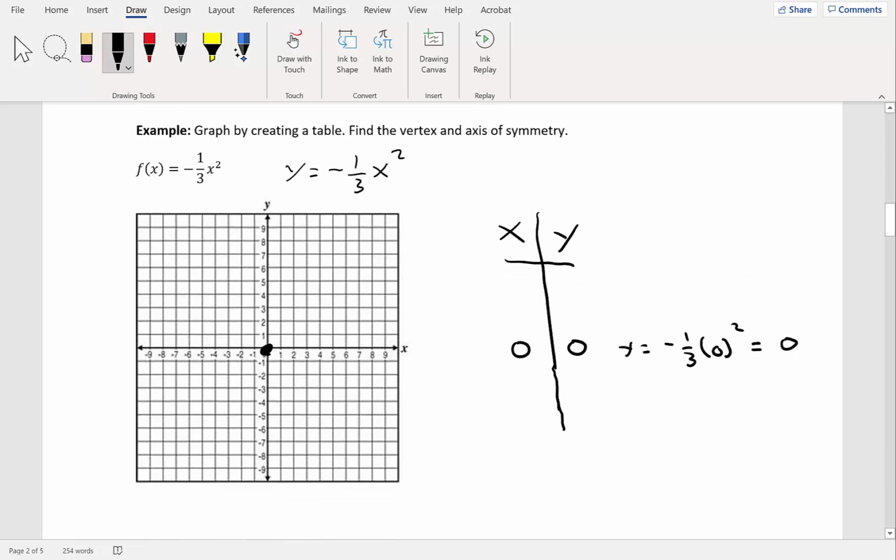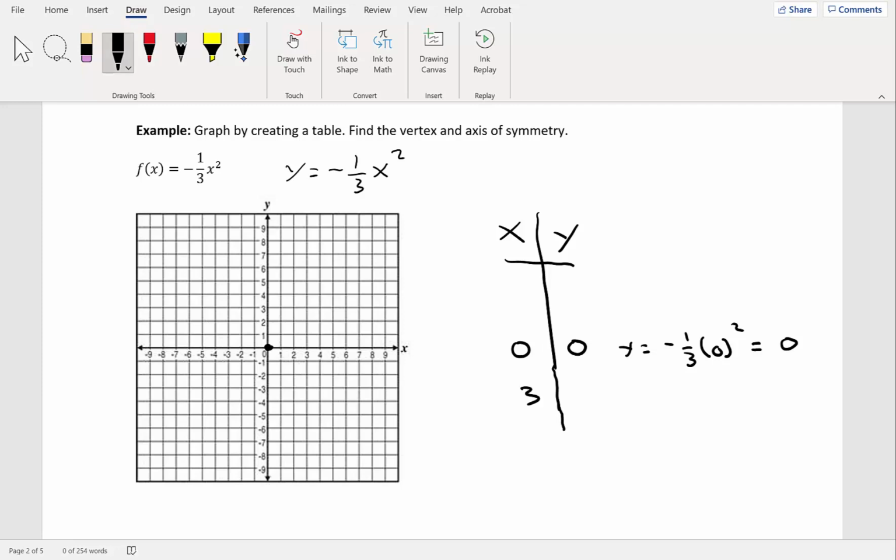Now, after you get the vertex out of the way, once you find the coordinates for the vertex, we can just plug in any other number for x. I don't want to choose 1 because I'm going to end up with a fraction. How about if I choose, say, positive 3?